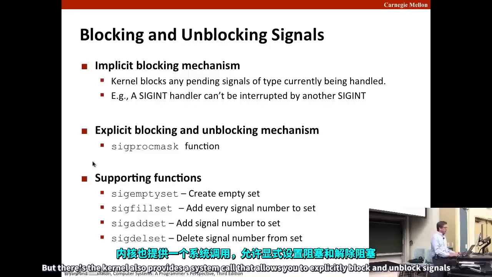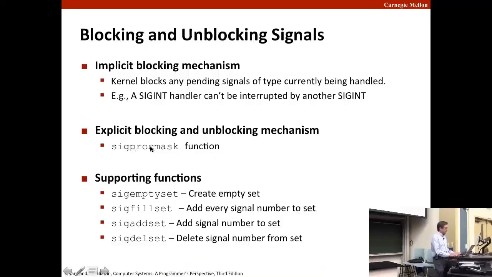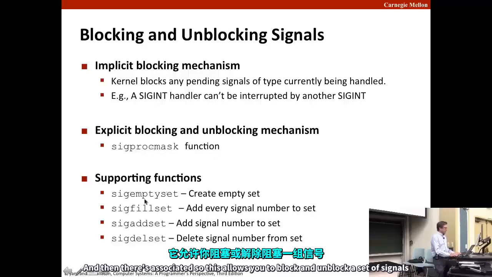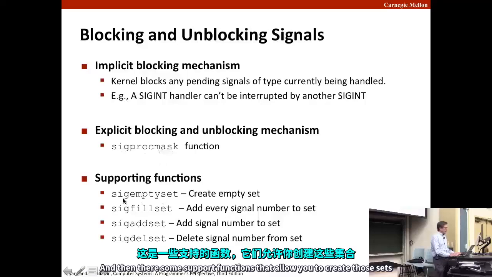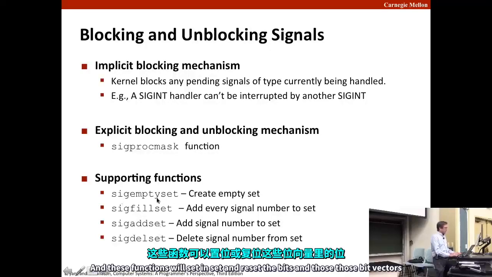But the kernel also provides a system call that allows you to explicitly block and unblock signals, the sigprocmask function. This allows you to block and unblock a set of signals. And then there are some support functions that allow you to create those sets. So just think of these as bit vectors, and these functions will set and reset the bits in those bit vectors.